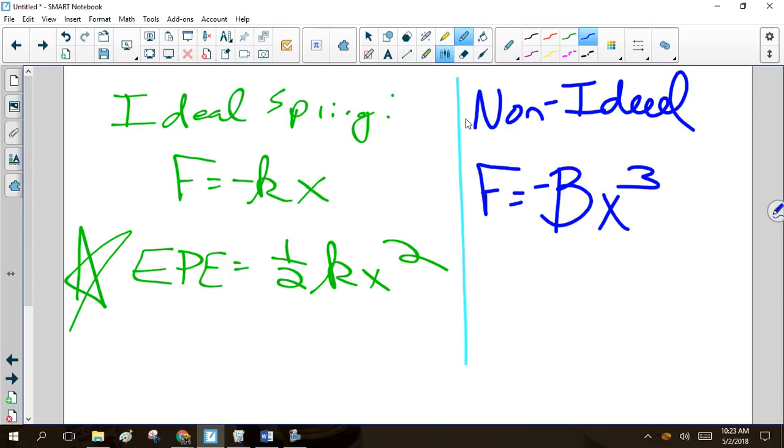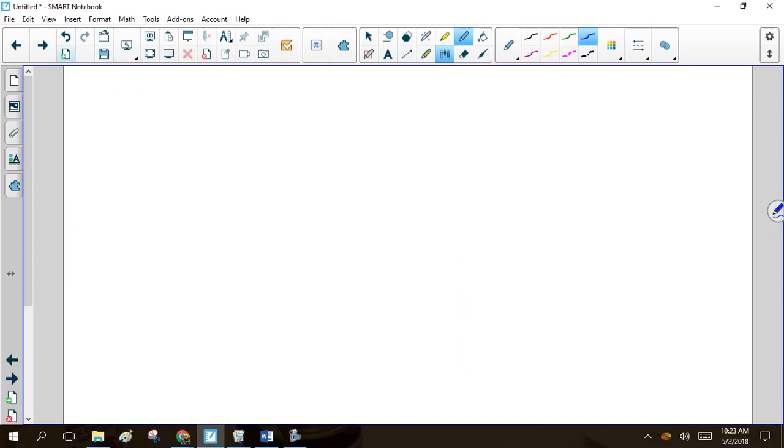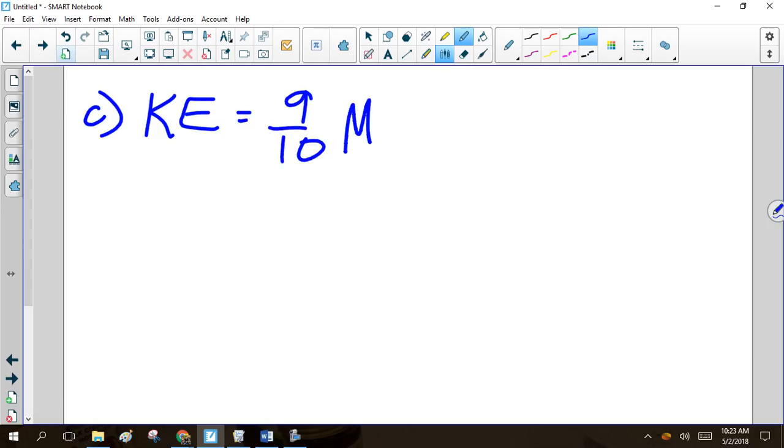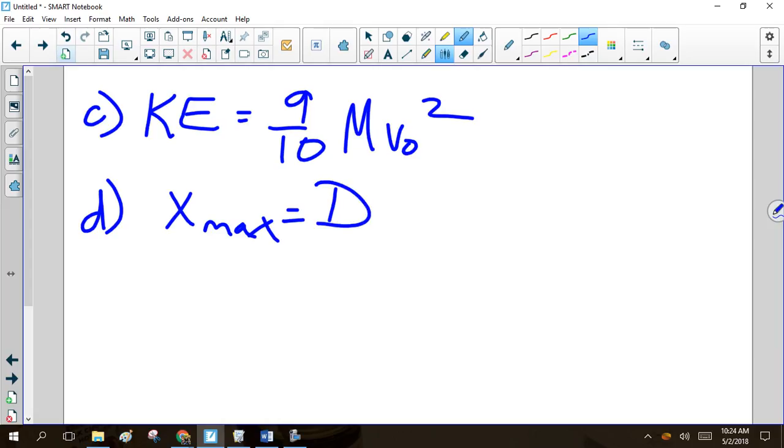All right. So with that in mind, here's what we know. In part C, we found out that the kinetic energy of the system immediately after the collision was this number, 9/10 m v0 squared. Cool? All right, now, to do part D, it wants to know what is our maximum x, and they call that D, right?